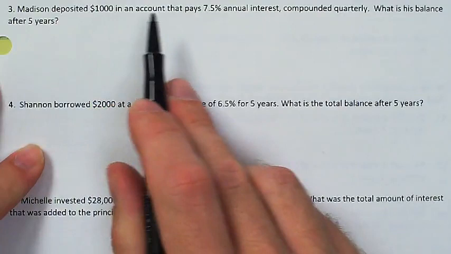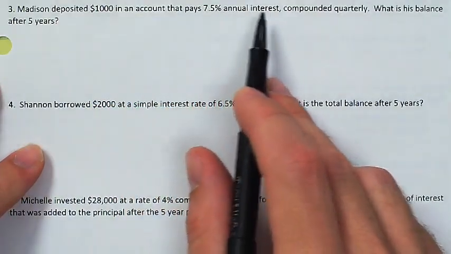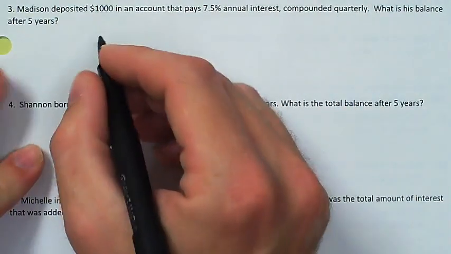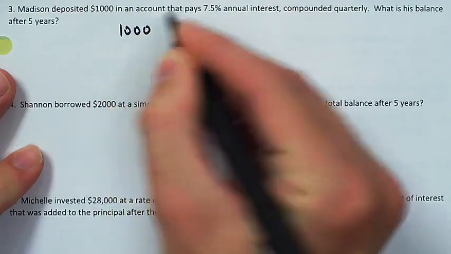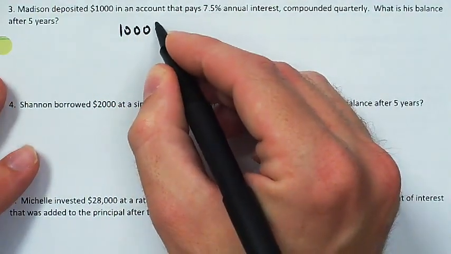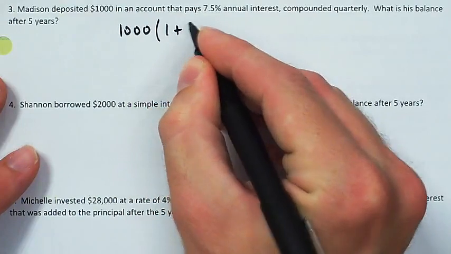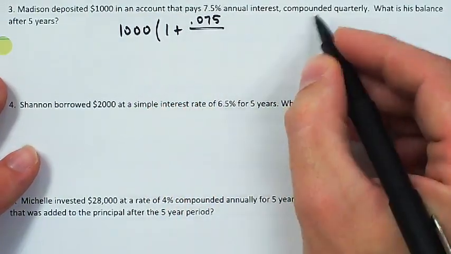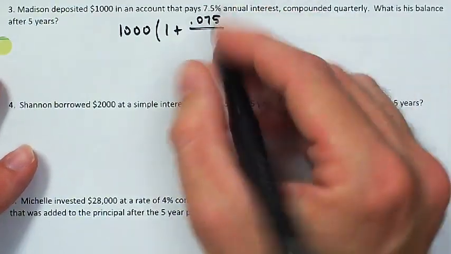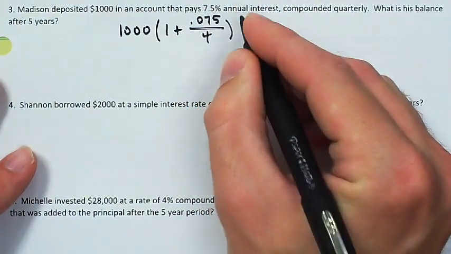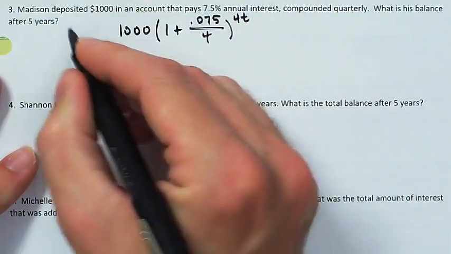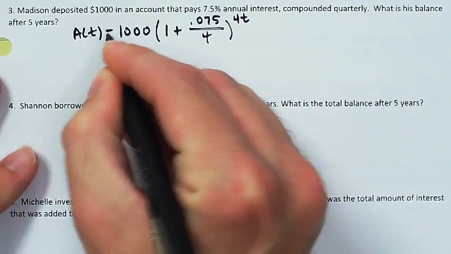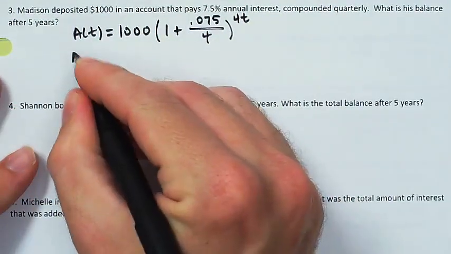Madison deposited $1,000 into an account that pays annual interest compounded quarterly. Okay, so 1,000 times 1 plus R, 0.075, divided by n, the number of times per year that interest is added. Quarterly would be 4 times per year, to the 4t. And so I'm going to plug in 5 here.